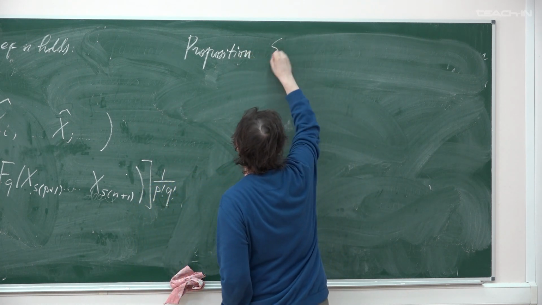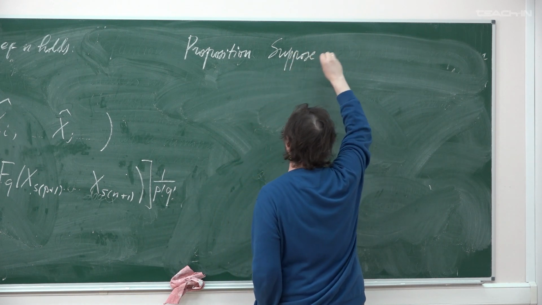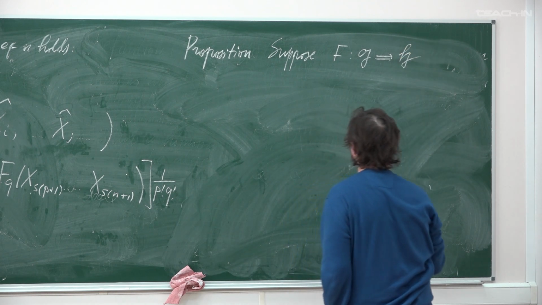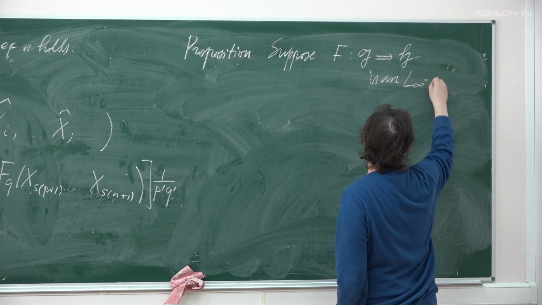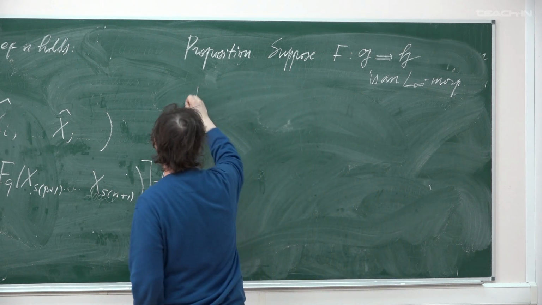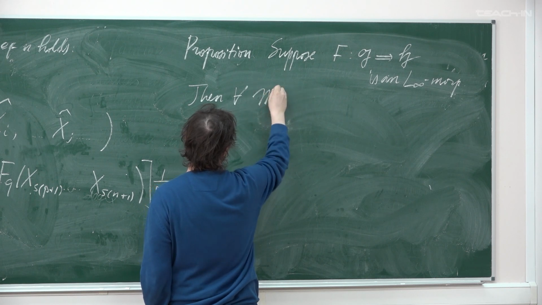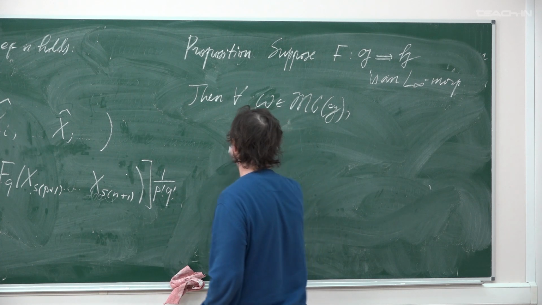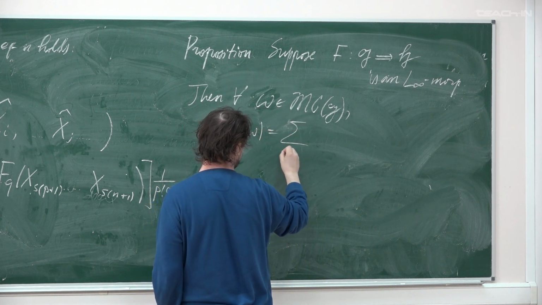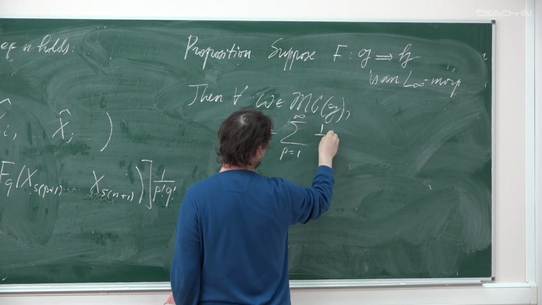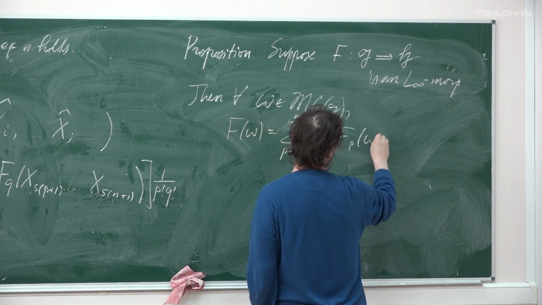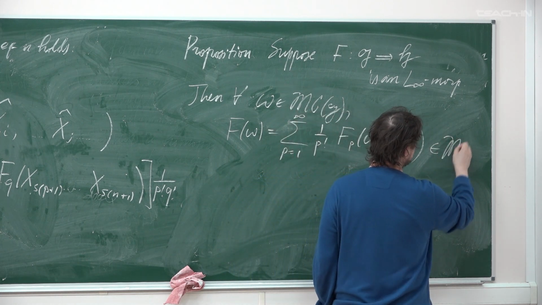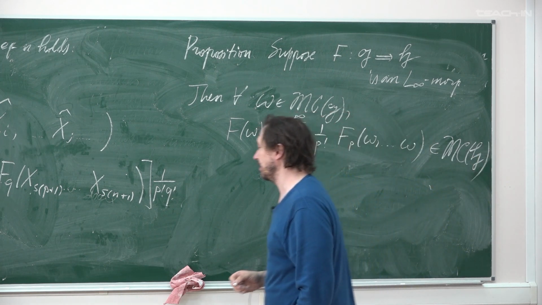Suppose we have an L-infinity morphism F from G into H. Then for every Maurer-Cartan element omega in G, the following formula, f of omega equal to the sum for p going from 1 to infinity, 1 over p factorial, fp of omega, comma, omega, p times, determines an element in the Maurer-Cartan set of H. Of course, under the evident condition that this formula makes sense.